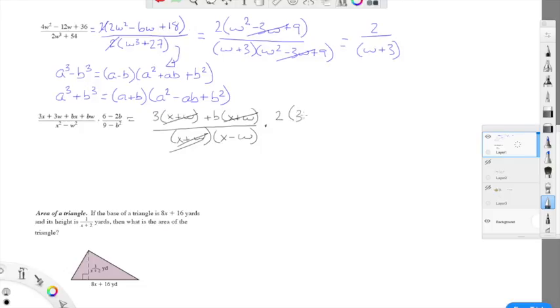All that will multiply again 2 times 3 minus b. Factor out 2 on top, and then notice again we have the difference of squares on the bottom, 3 plus b, 3 minus b. We have common terms, so we can eliminate those. And we are left with 3 plus b on the top in the first part, over x minus w.